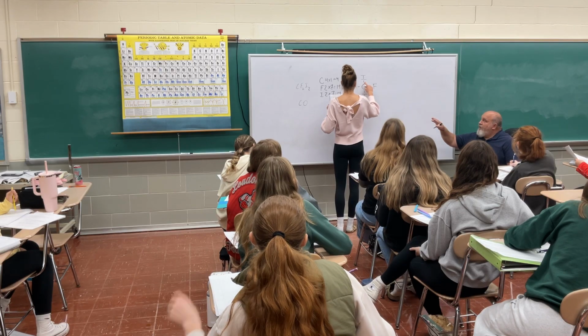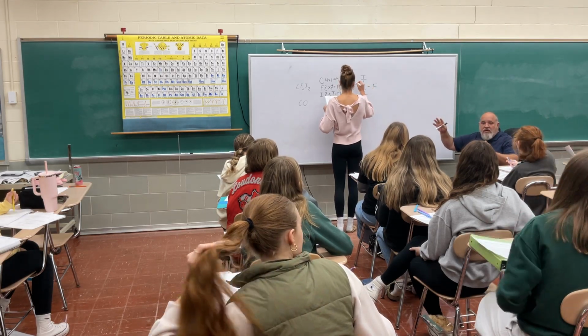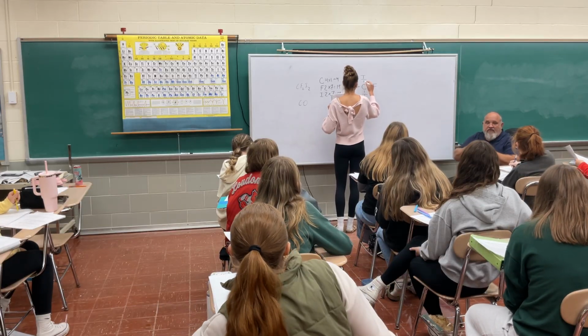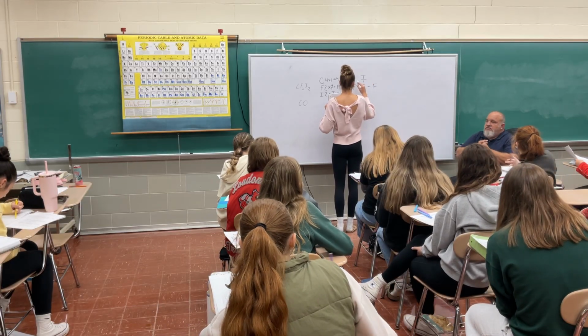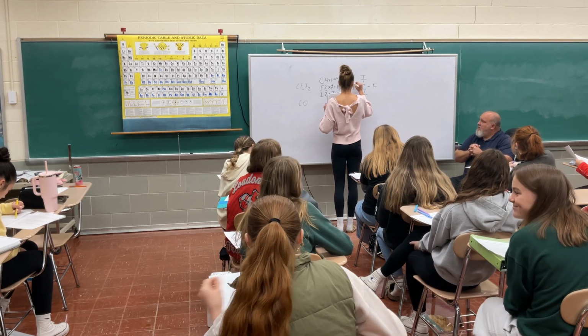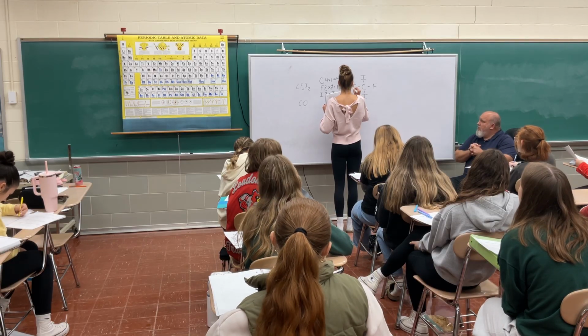She had put one fluorine and one iodine, and it had all these double bonds, and it worked. Make sure when you go back, make sure you have the correct number of atoms. Okay? Just make everyone happy.